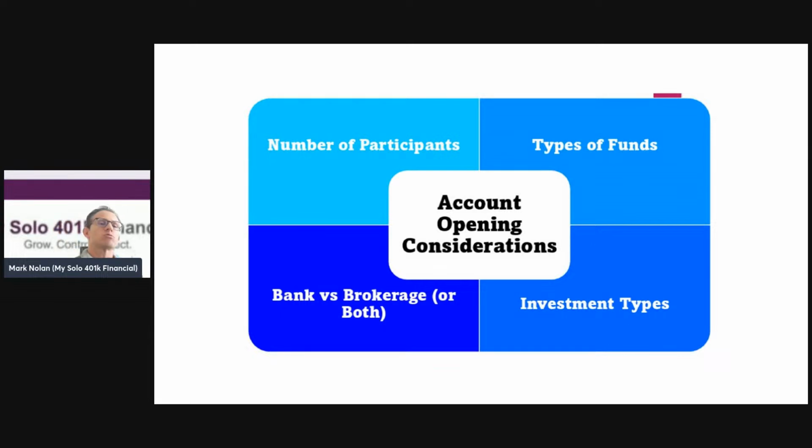Most of our clients will hold the funds over at Fidelity or Schwab. The reason is one-stop shop, meaning you're able to invest in equities as well as alternative investments like real estate, promissory notes, precious metals, and so forth.